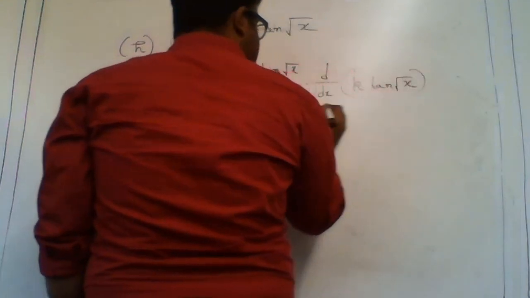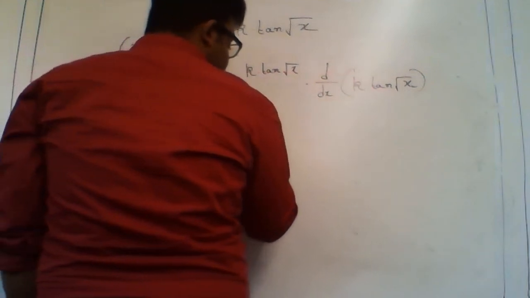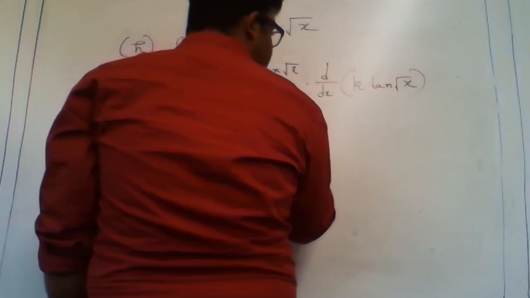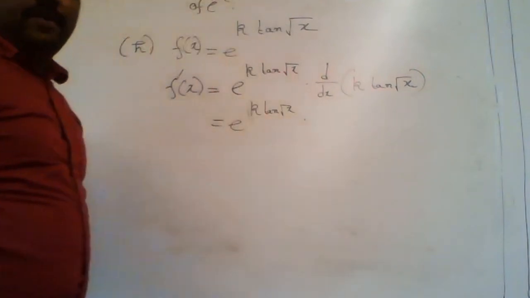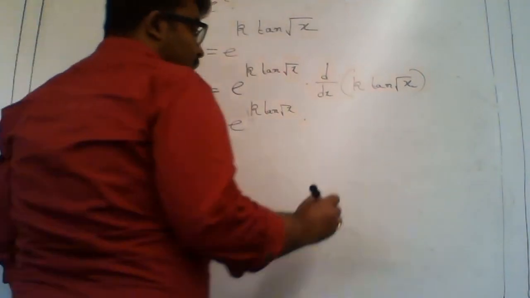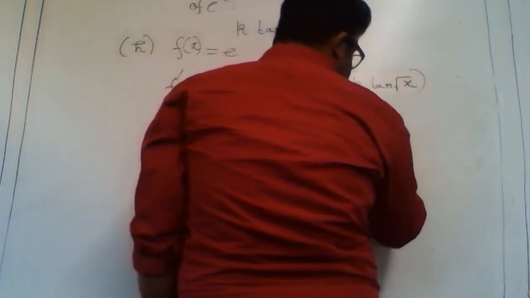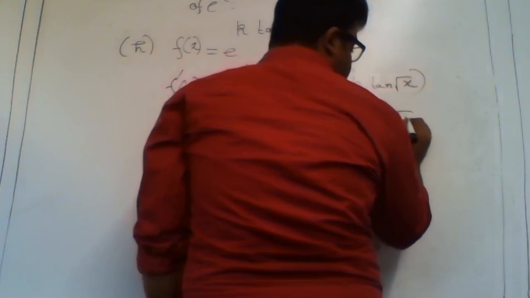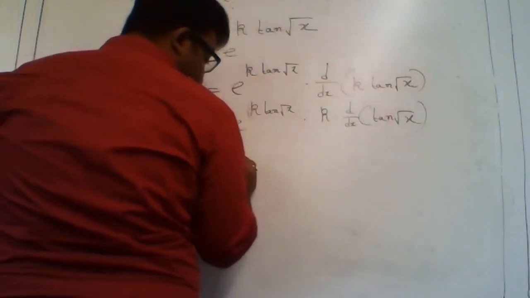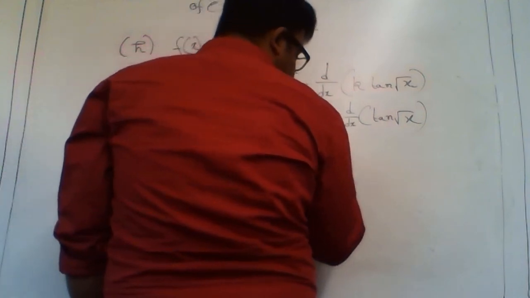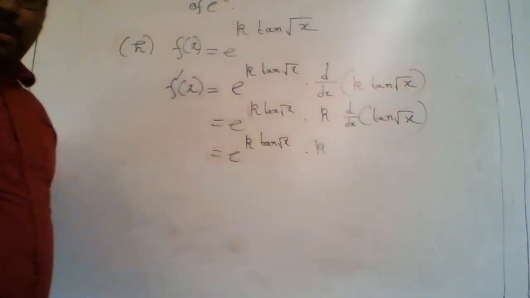Now d/dx of k tan square root of x, you can take the k out, times d/dx of tan square root of x. So this is equal to e to the power k tan square root of x times k times d/dx of tan square root of x.